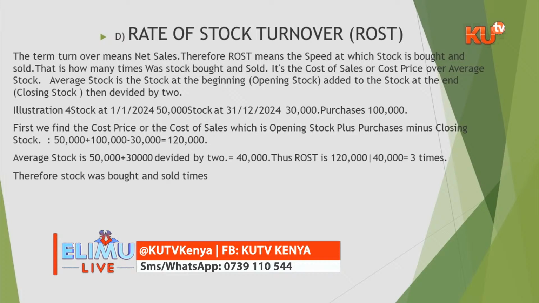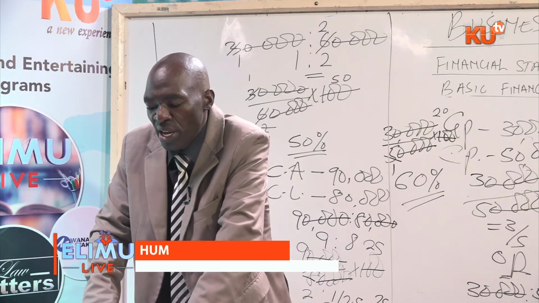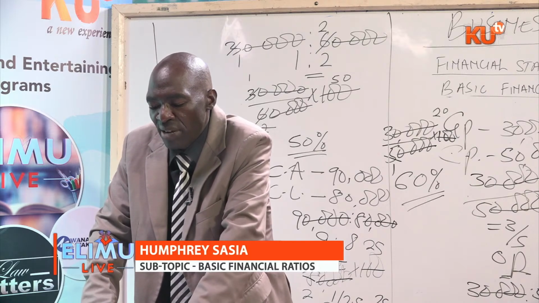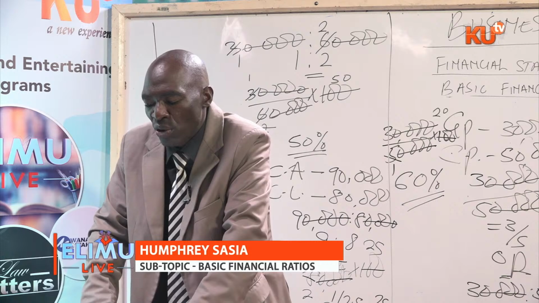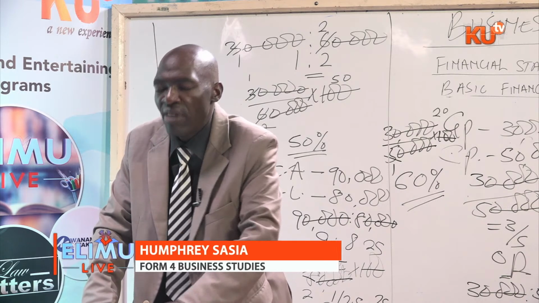We have said the term turnover means net sales. Therefore, ROST means the speed at which stock is bought and sold. That is how many times was stock bought and sold. So it is the cost of sales, or cost price, over average stock.